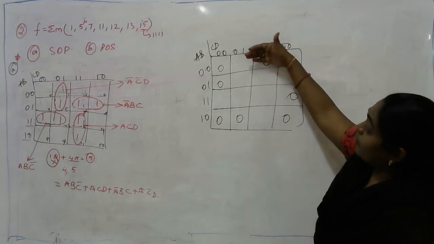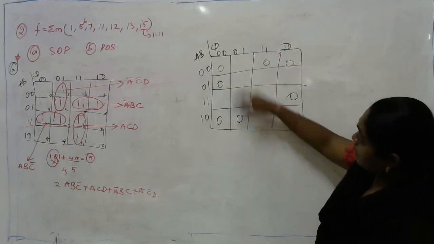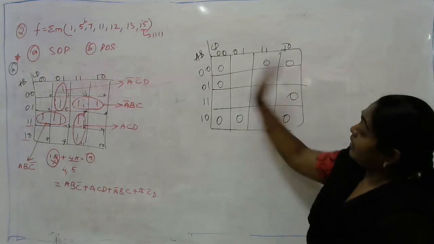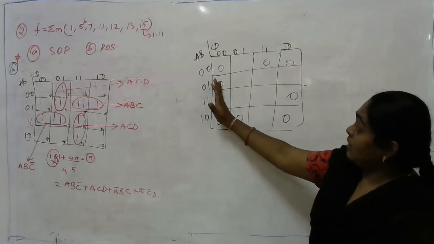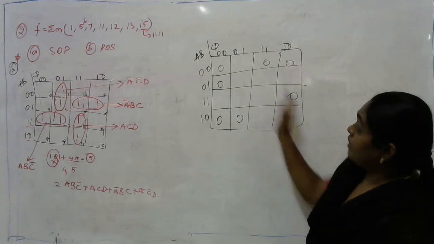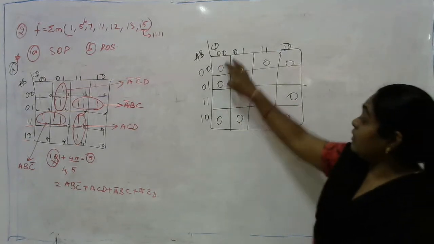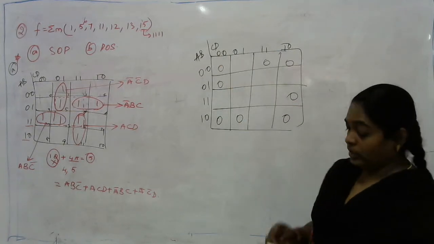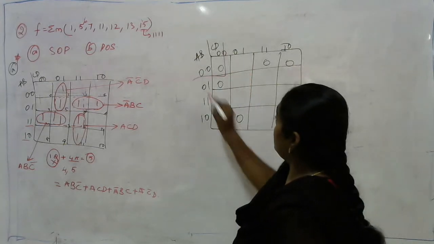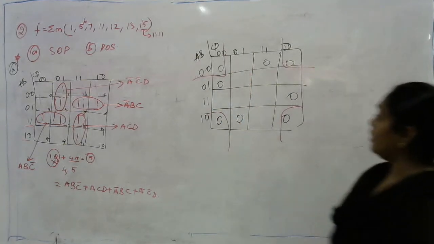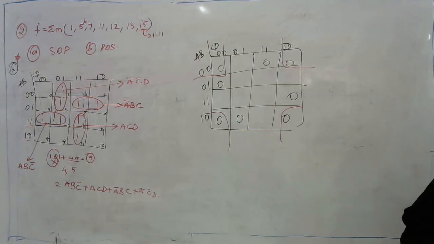If I fold this K map towards this side, the first row will be overlapped on the fourth row. Similarly, if I fold in the other direction, the first column will be overlapped on the fourth column. So I can say that all the four corners are adjacent to each other.